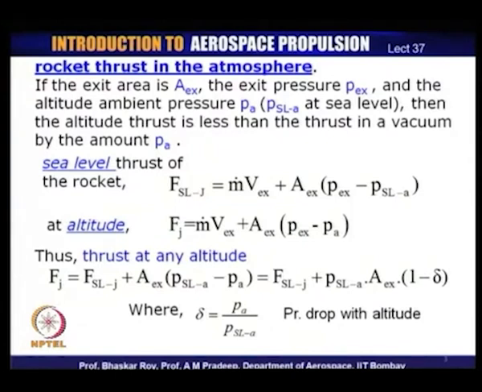Now, if we express the exit area of the nozzle of the rocket chamber as A_ex, the exit pressure as P_ex, and the ambient pressure at the altitude at which it is operating as P_a, and if it is at sea level, we would call it P_SLA, then the altitude thrust is less than the thrust in vacuum by the amount P_a.